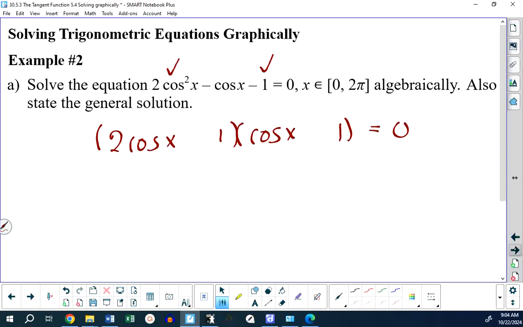My outer product is 2 cosine of x. My inner product when I FOIL is 1 cosine of x. And when I look up top, what I want for the sum of these is negative 1 cos x, which means the 2 cos x needs to be negative.